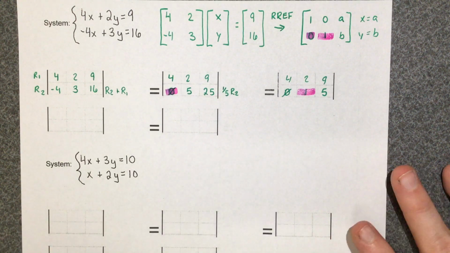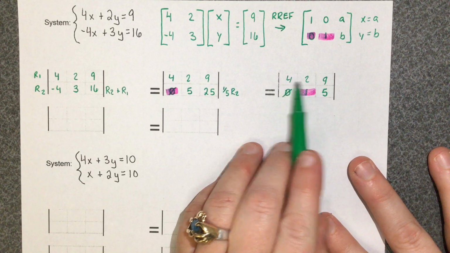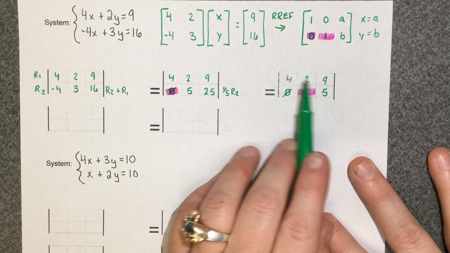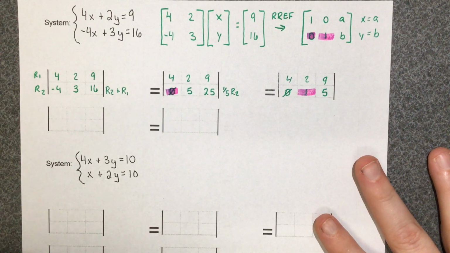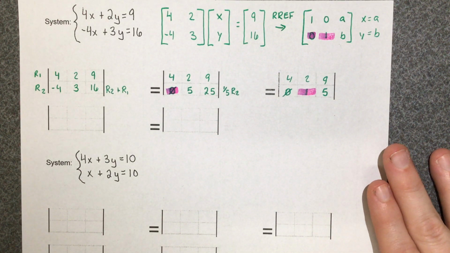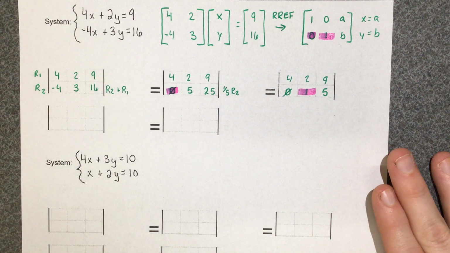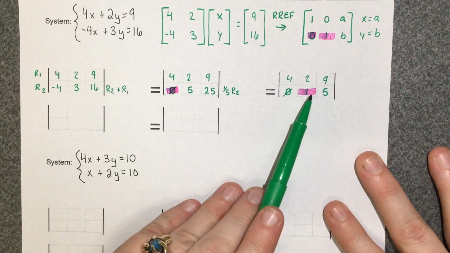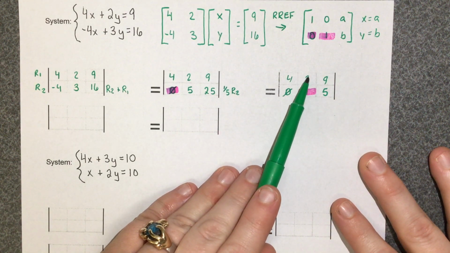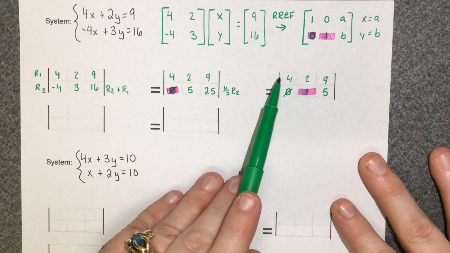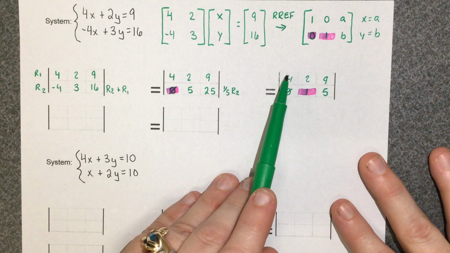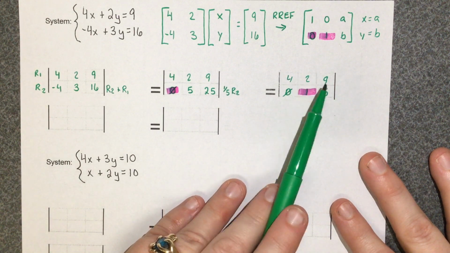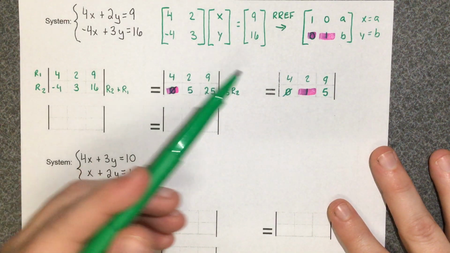Now that I have this, let's go ahead and work on this top row. I have a 4, 2, 9, but I want this to be a 1. So maybe what I'm going to do first is maybe I'll get rid of this 2, maybe try to turn that into a 0, because if I try to divide 4, 2, and 9 by 4, it'll work, but it'll give me a gross fractional situation that I maybe don't want to do.